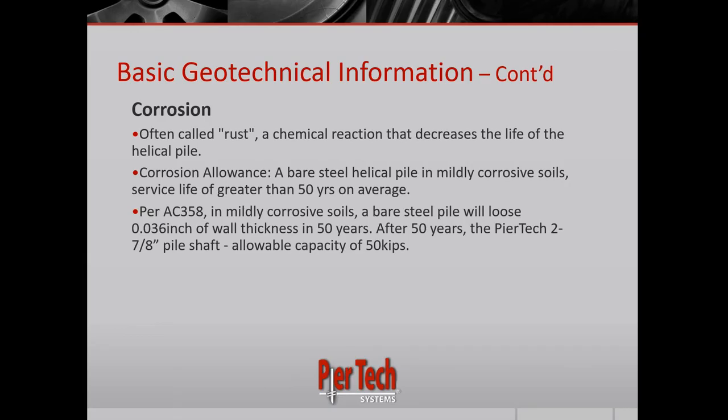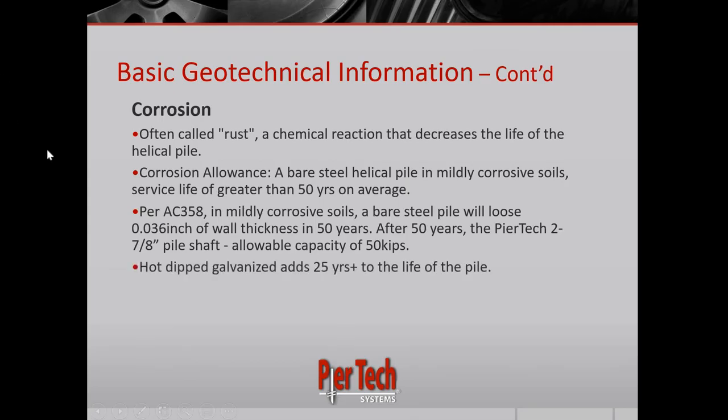So you can design that pile to 50 kips. So that allowable capacity is also known as the working load capacity. So you can design it for that 50 kips after and be 50 years service life. So if you wanted to get more service life off of it, you'd start eating into your allowable capacity of that pile.